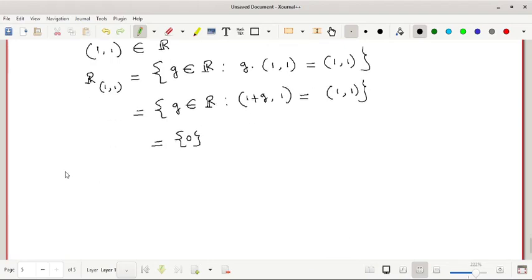Therefore we have found that the stabilizer of (1, 1) in R2 is the trivial subgroup 0.